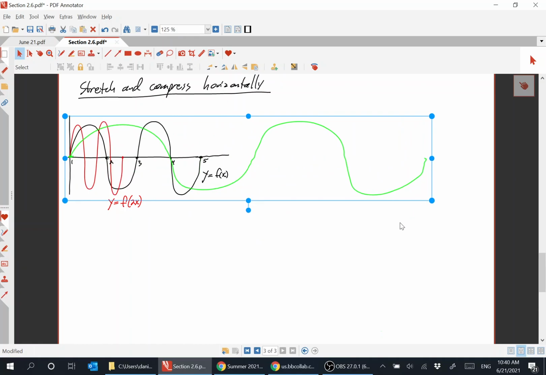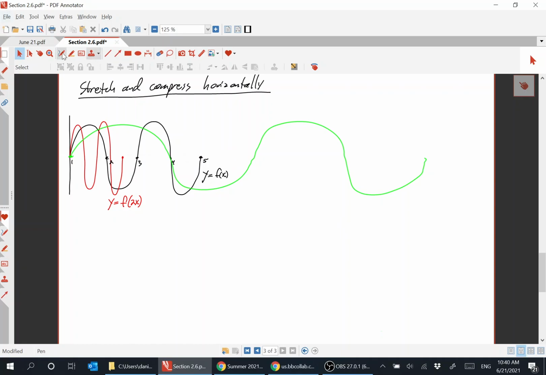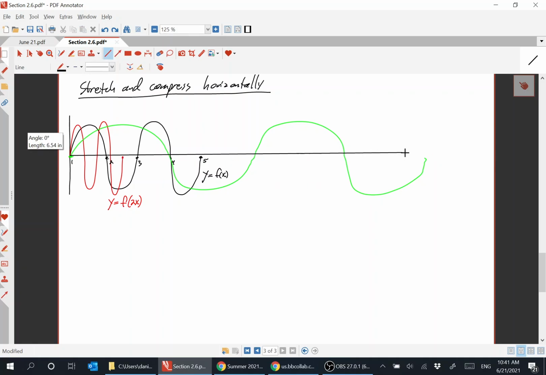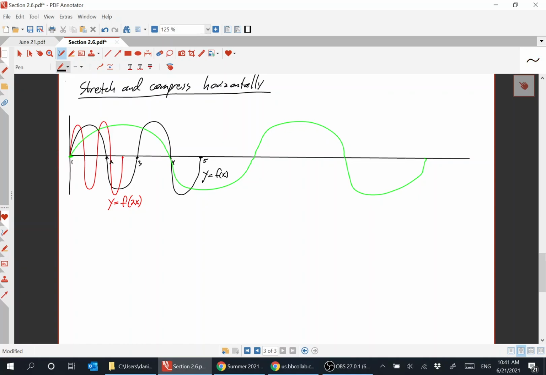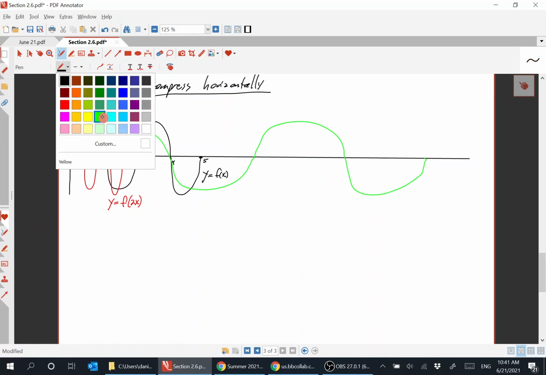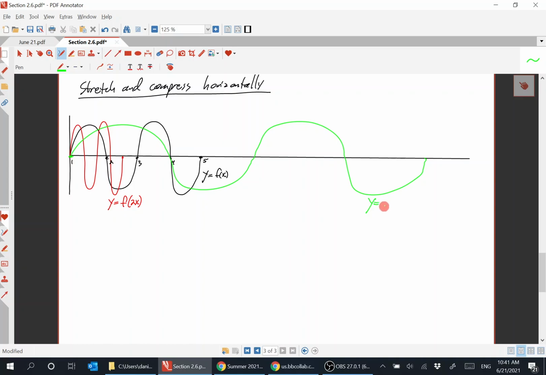There we go. All right, so then this green function is y equals f of 1/2 x. So to stretch by a factor of 2, we multiply the x on the inside of that function by 1/2.